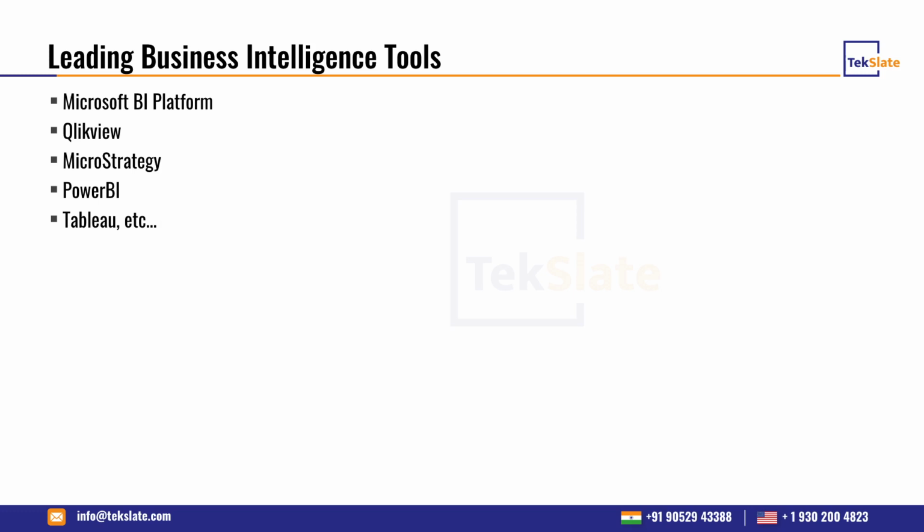MicroStrategy supports interactive dashboards, scoreboards, highly formatted reports, ad hoc queries, thresholds and alerts, and automated report distribution. This is a specific feature of MicroStrategy. It also supports summary level reporting. MicroStrategy has Rollup, an important feature.